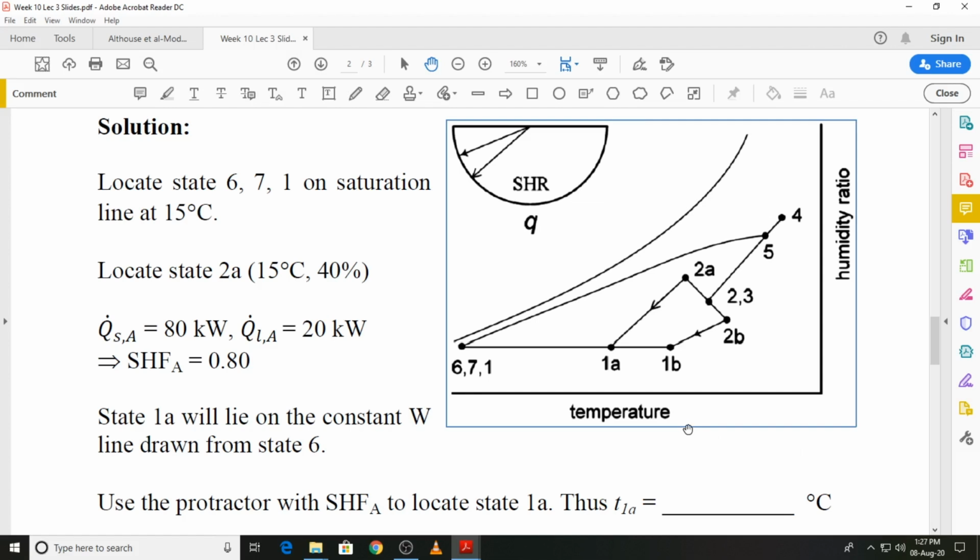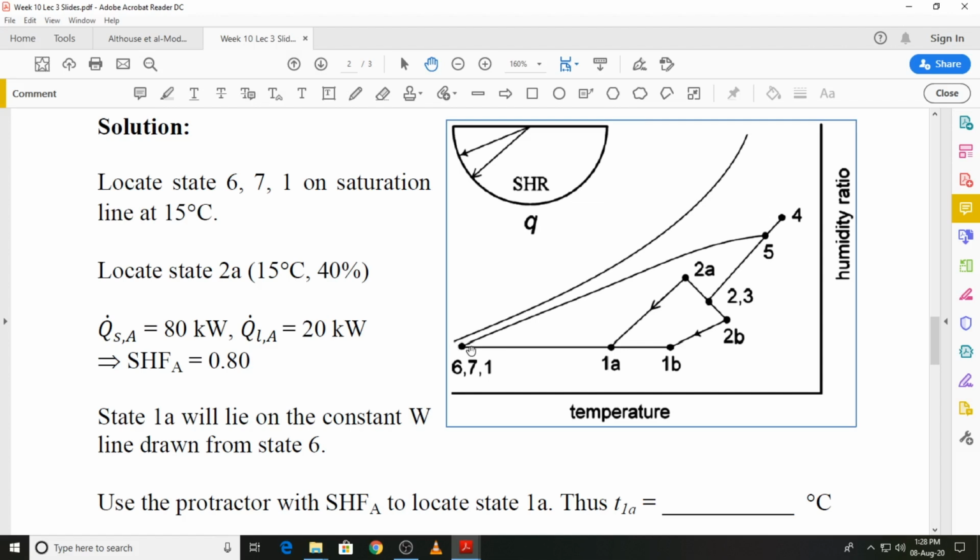We have the two zones, zone A and B, for which if you look at this point 6 or 7 or 1, they are all the same states, and when you refer to the schematic diagram of this arrangement, which you can refer to from the earlier lectures, you will see that this is the state at which the conditioned air leaves the cooling coil, and then that air will be reheated as per requirement of each of the zones.